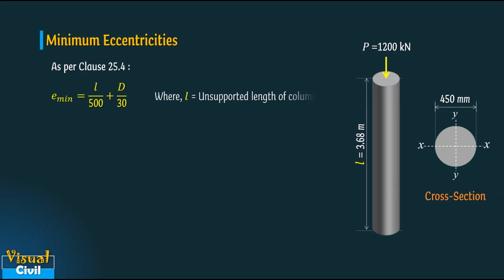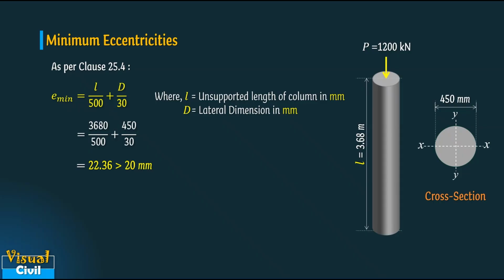Remember, in this expression, both the unsupported length and the lateral dimension must be substituted in millimeters. After substituting the values and solving, we obtain a minimum eccentricity of 22.36 mm. Since this is greater than 20 mm, we adopt 22.36 mm as the minimum design eccentricity.